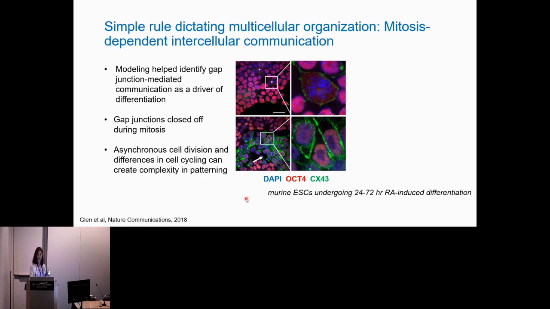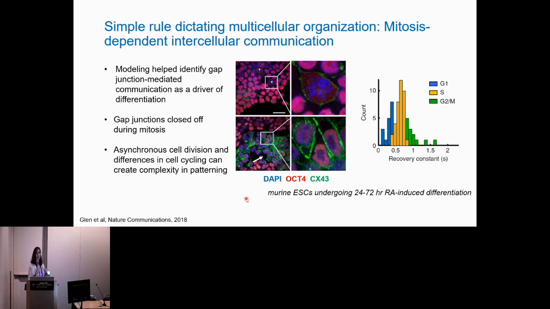So as we were looking through this, Chad did a number of gap FRAP experiments where he would load the cells with calcein, photobleach them, and then watch how diffusion from the surrounding cells would lead to a recovery of that fluorescence.